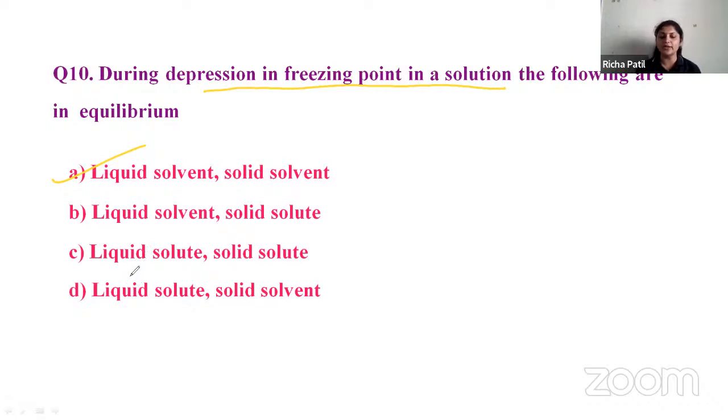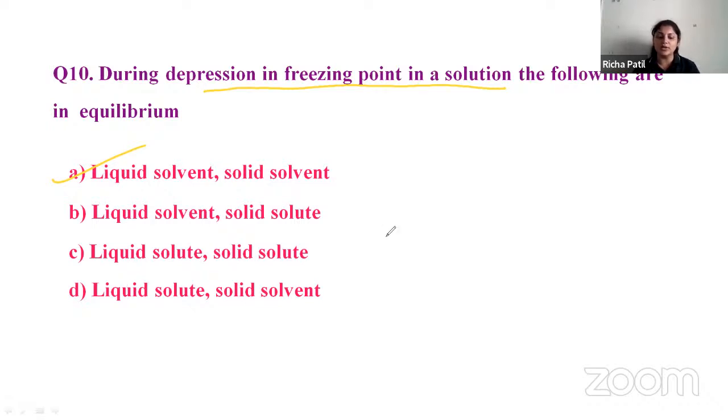At freezing point, the liquid and the solid are in equilibrium. When a solution of a non-volatile solute is cooled to a temperature below the freezing point of the solution, some of the liquid solvent will separate out as a solid solvent.